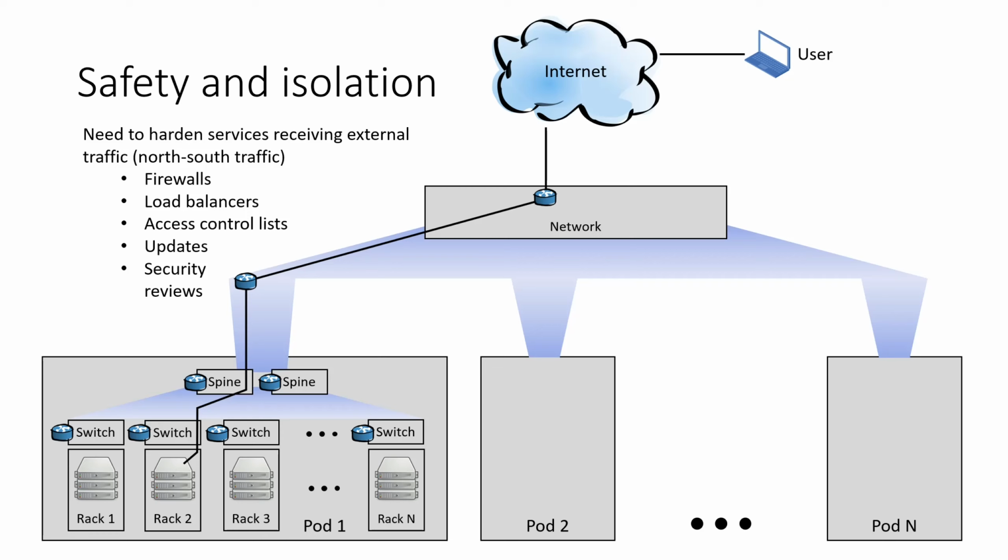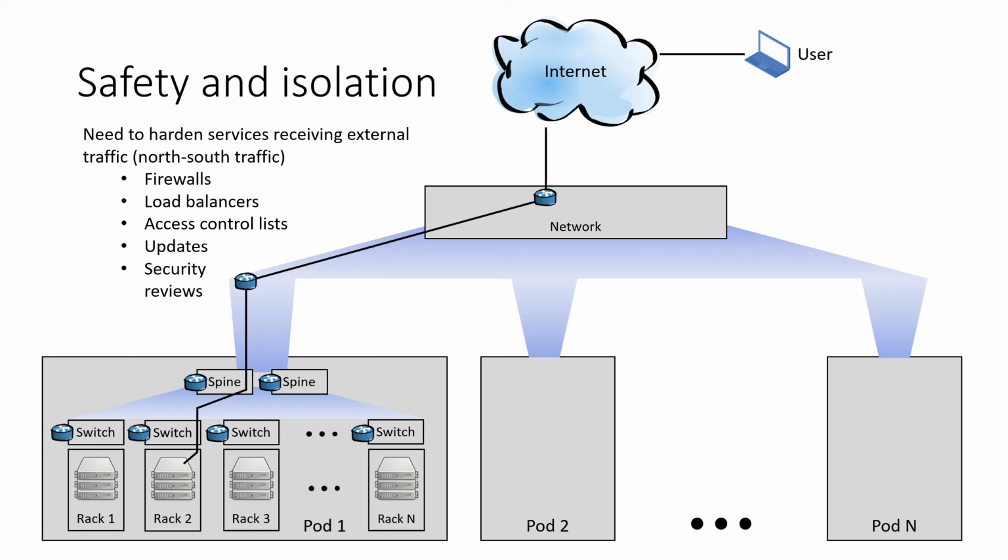So we need to protect our application from these external threats. And we do this using firewalls, load balancers, access control lists. We make sure that the software running on our virtual machine or container is always up to date so that it doesn't accumulate vulnerabilities, and we might make security reviews of the code that we deploy on these applications. And we do all this to make sure that the application is not vulnerable to external attacks.